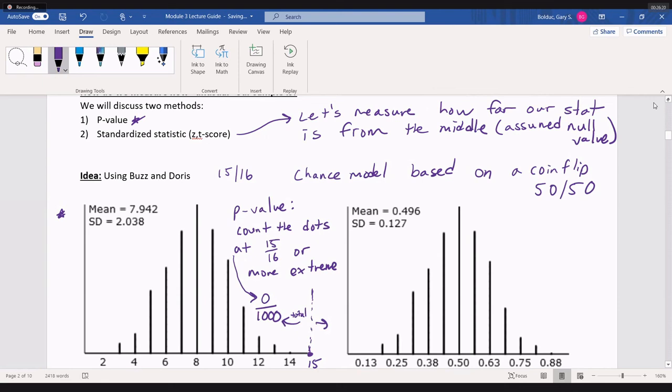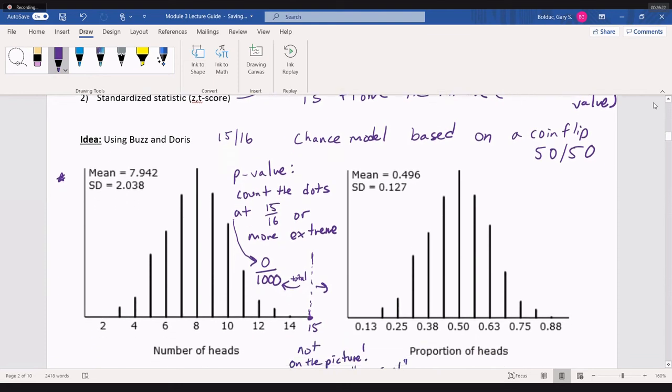So in Buzz and Doris, what are we doing? We're saying, okay, I'm assuming 50%. I'm assuming they're getting it right 50% of the time. So the standardized statistic will help me measure how far away 15 out of 16 is from 50%. Remember, that was way out here, the 15 out of 16.